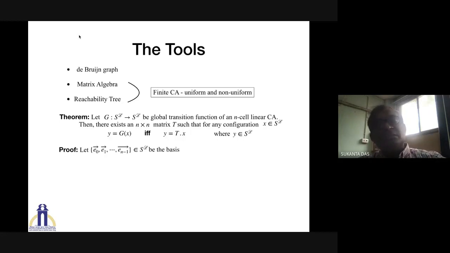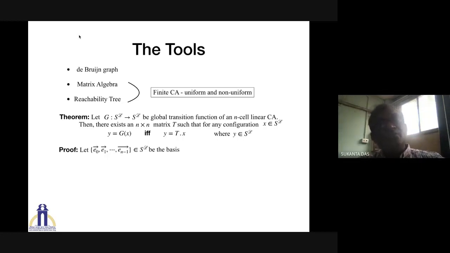Consider the basis vectors. Since it is a linear CA, the configuration space is nothing but a vector space. So this set of all configurations, S to the power L, forms a vector space.